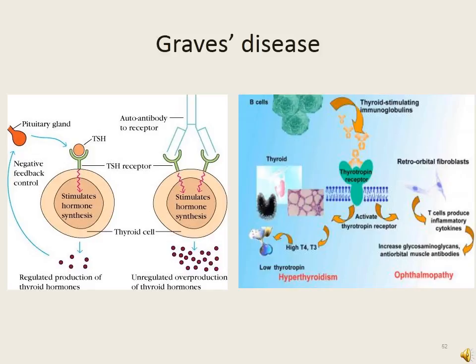in the right-hand side figure, the same, it shows you that when there is the presence of autoantibody to the thyroid stimulating hormone receptor, this figure shows that it is called thyroid stimulating immunoglobulin.